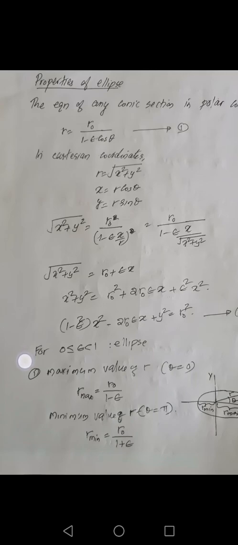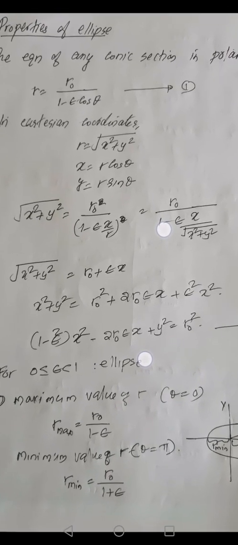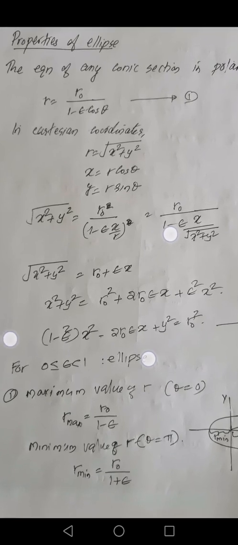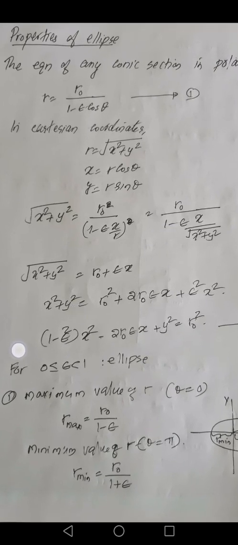Cross multiplying and rearranging, you will get the square root of x squared plus y squared equal to r0 minus epsilon x. Squaring, you get x squared plus y squared equal to r0 squared minus 2 r0 epsilon x plus epsilon squared x squared.